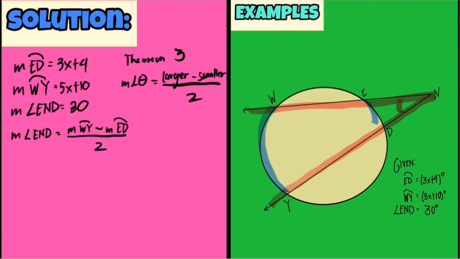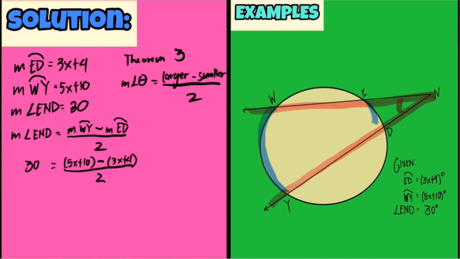So what you're going to do next is, of course, substitution. END is 30, equal to the measurement of WY, that's 5x plus 10. And then you have minus, please put it in parentheses when dealing with binomials, okay? So put in here 3x plus 4 and then divided by 2.